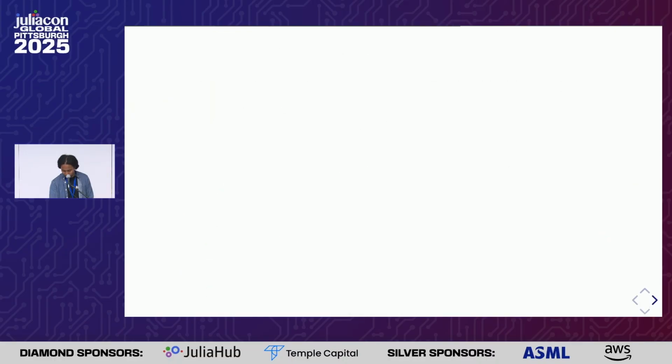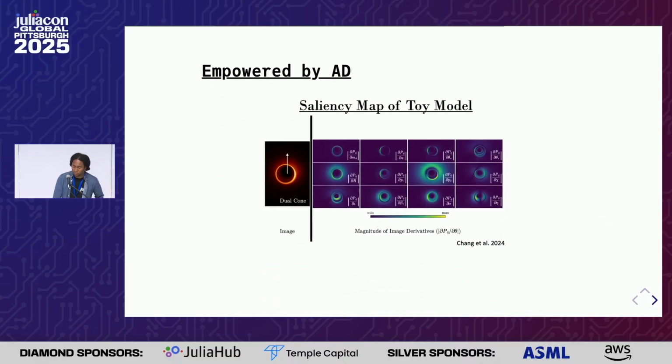This saliency map was constructed out of this want of, if someone gave you a picture of a black hole and you wanted to point them at a feature to study in order to extract some information about accretion or something, what would you look at?